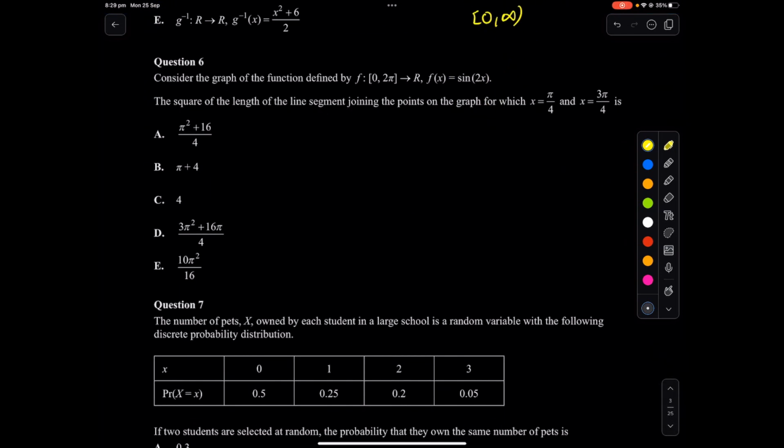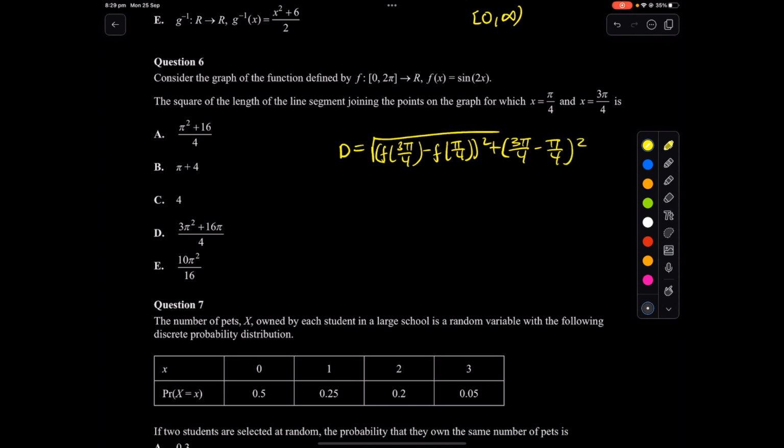Consider the graph of the function defined by this. The square of the length of the line segment joining the points on the graph of this to that is what? So, okay, we're saying the distance, so the length is f of 3 pi over 4 minus f of pi over 4, all squared, plus 3 pi over 4 minus pi over 4, all squared.